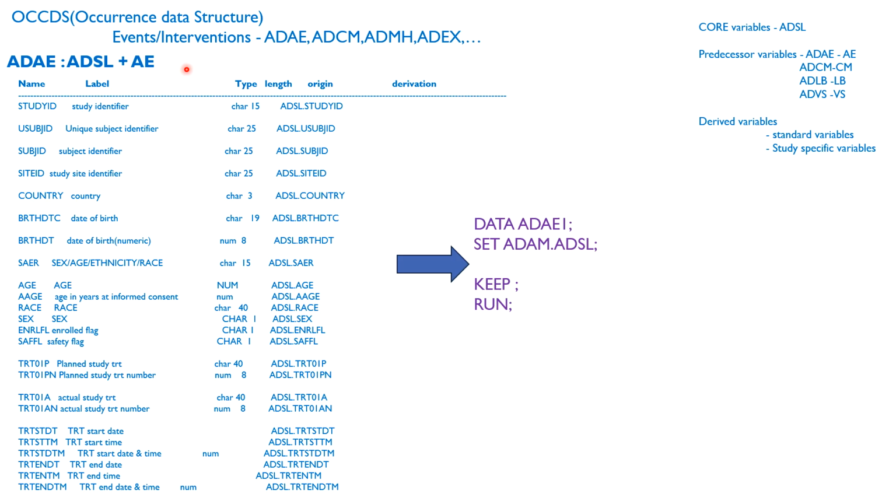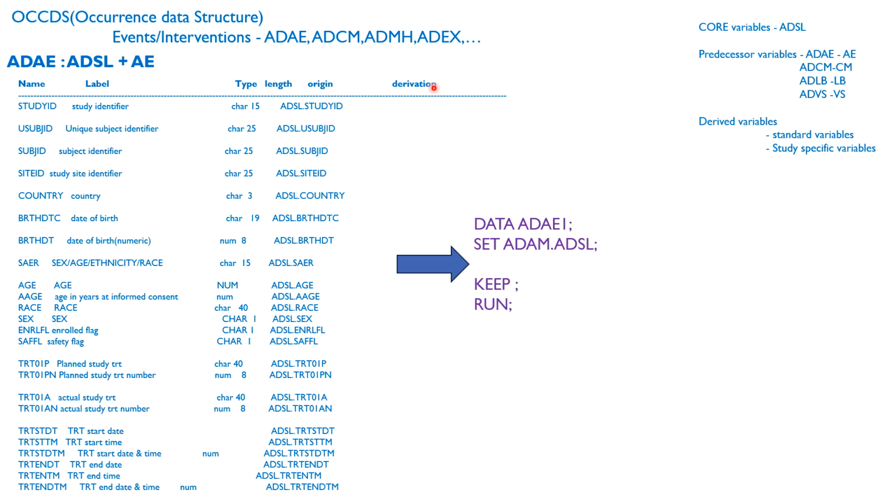In this OCCDS, all events and interventions domains will come under OCCDS. Whatever interventions and events domains there will be, all those domains will be derived in domains like ADAE, ADCM, ADMH, and ADXX. All of these come under OCCDS dataset domains.